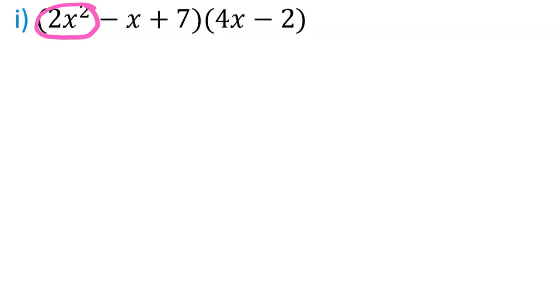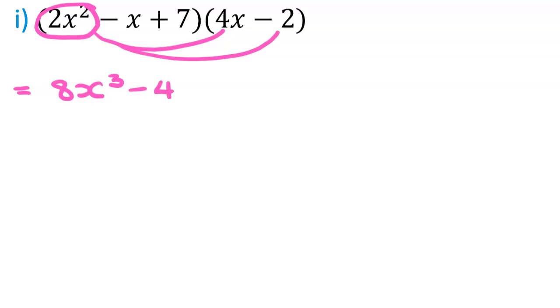So this 2x squared is going to multiply with this 4x to start off with. 2x squared times 4x, sign number letter, it's going to be a positive. 2 times 4 is 8. X squared times x will be x cubed. Then this 2x squared multiplies with this minus 2, sign number letter, negative 4x squared.